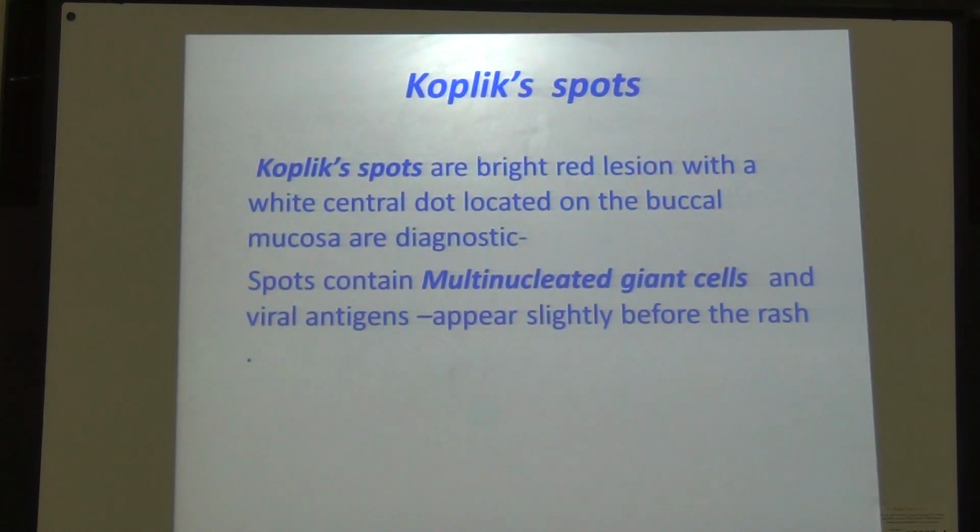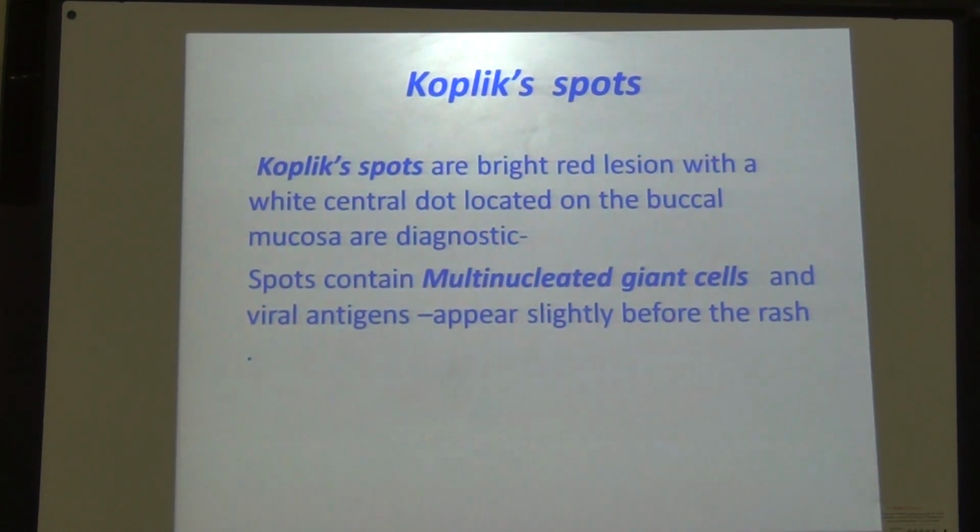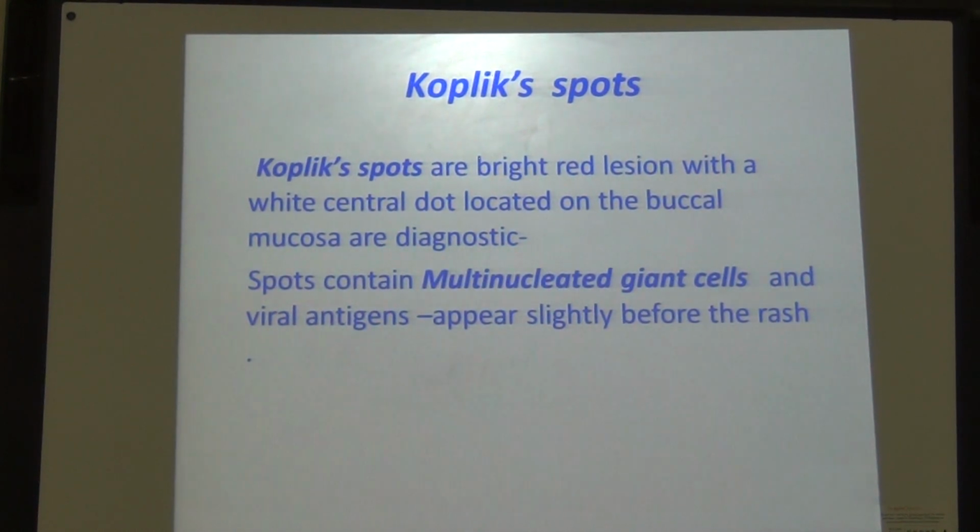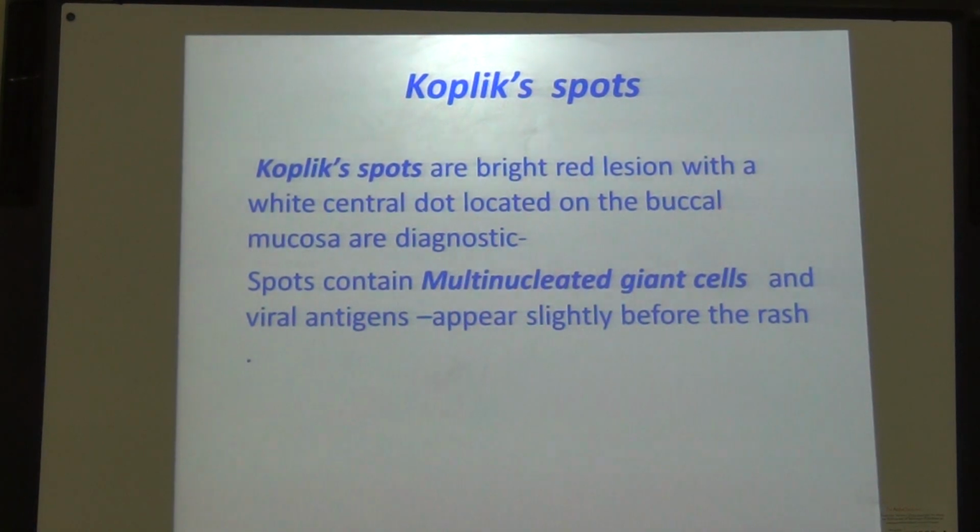The Koplik spots are pathognomonic of measles, and they are actually the fusion of multinucleated giant cells. They are bright red lesions with a white central dot located on the buccal mucosa opposite the lower molar.